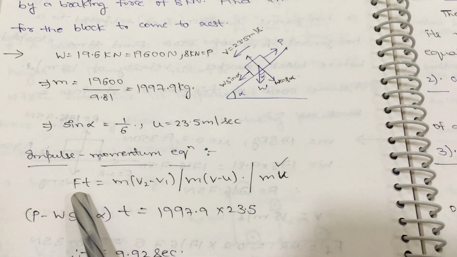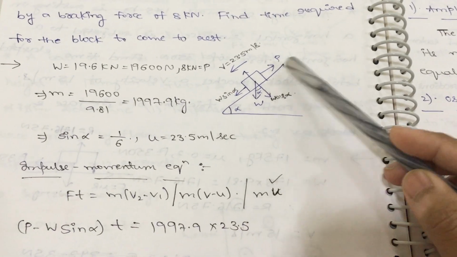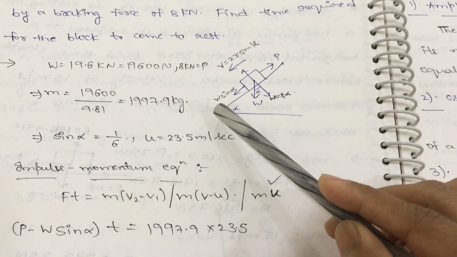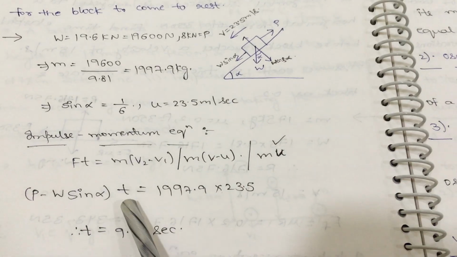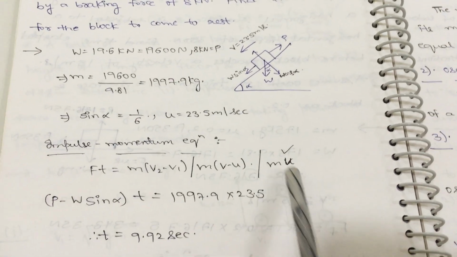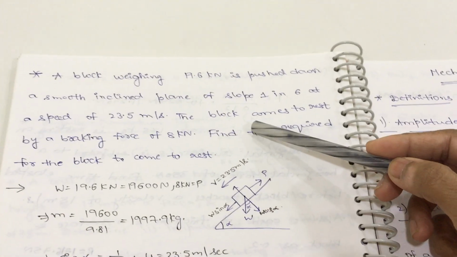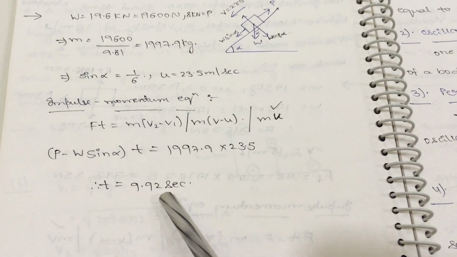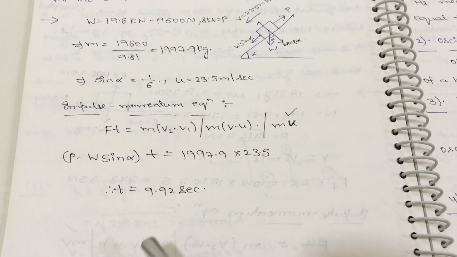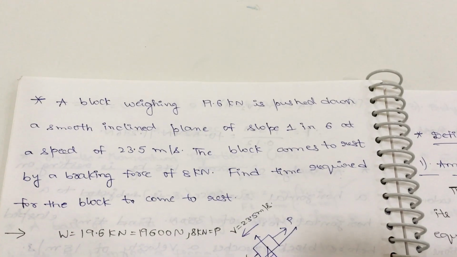So in place of F you will get two forces according to the sign convention. So plus P minus W sin alpha into T is equal to m into u. Make T the subject and substitute all the values from the problem. You will get the time value as 9.92 seconds. So this is our problem.